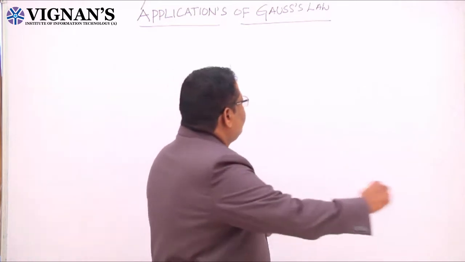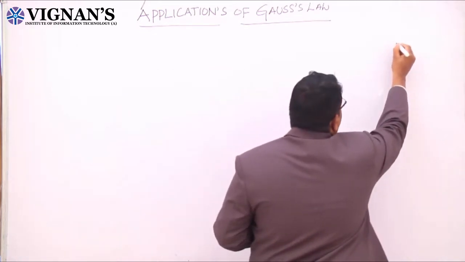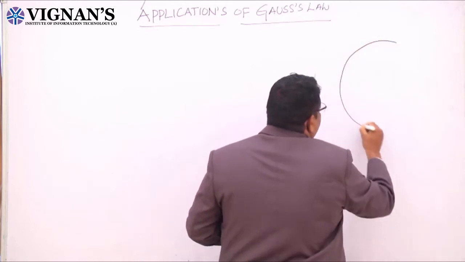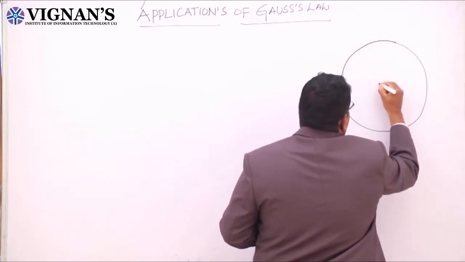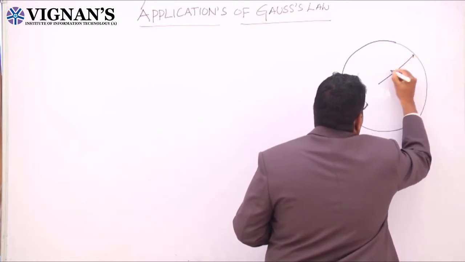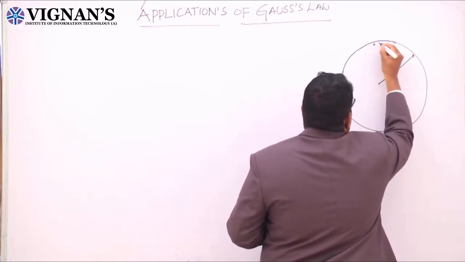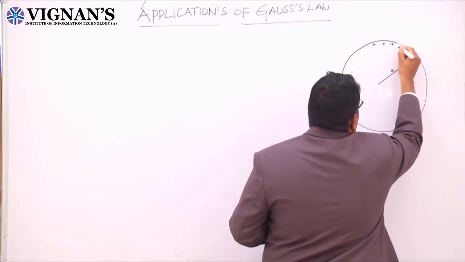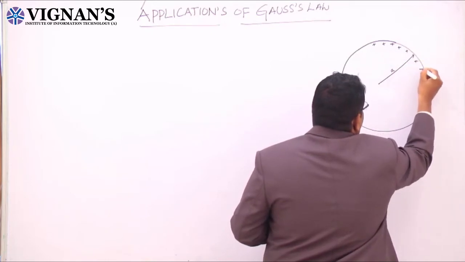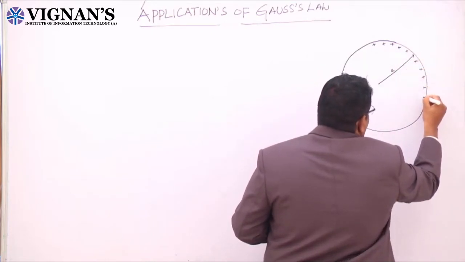Now take the hollow spherical shell with a radius of small a. The charge density on the spherical shell, you take it as rho s.